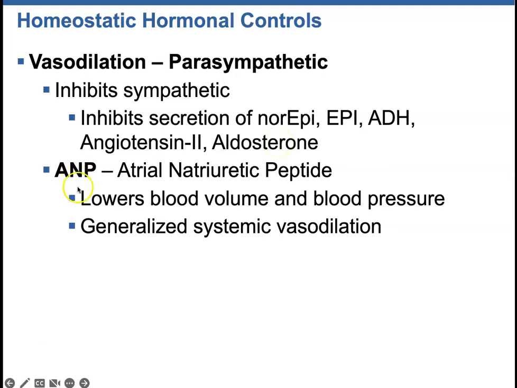Plus, we secrete ANP, which remember means you need to pee, and this is your atrial natriuretic peptide, which is a generalized vasodilator, and it's also a diuretic. So it's going to help decrease blood volume by causing you to pee out more sodium, and then you keep more potassium.